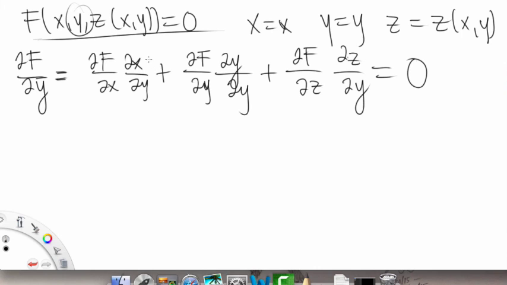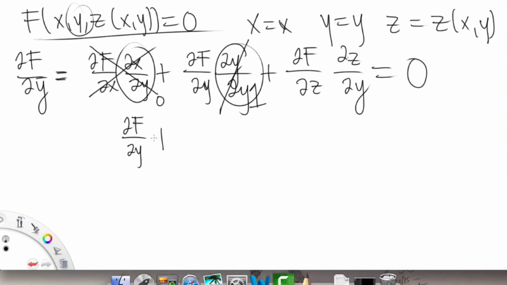Okay, so here we see this one is partial x, partial y, and that is going to turn out to be 0 because the variables are independent. And here we see a partial y over partial y, so that's going to cancel out to be a 1. So we simplified that, and what we get is partial f, partial y, plus partial f, partial z, partial z, partial y is equal to 0.